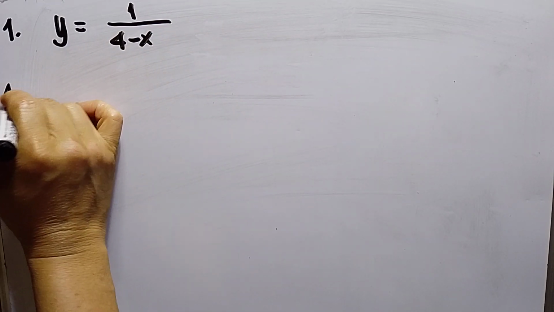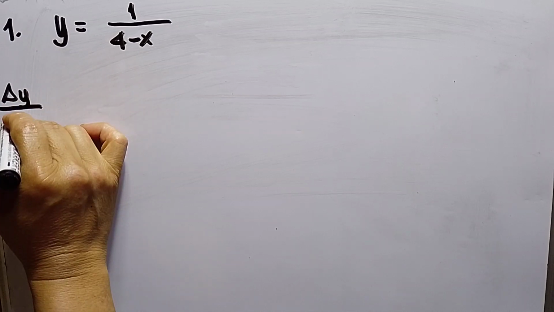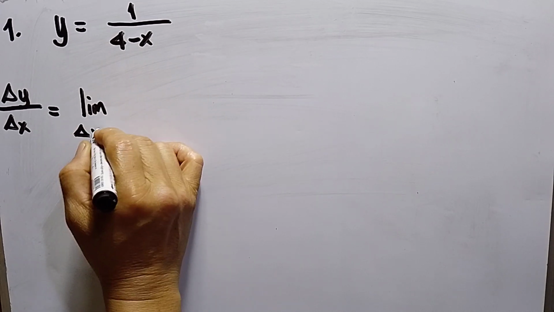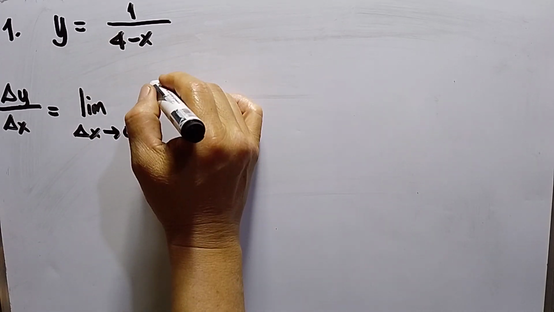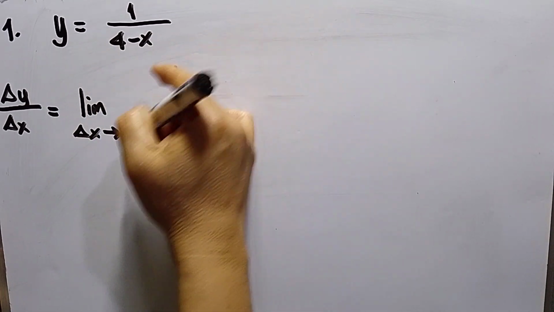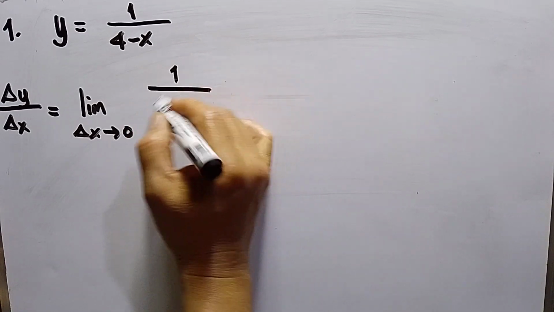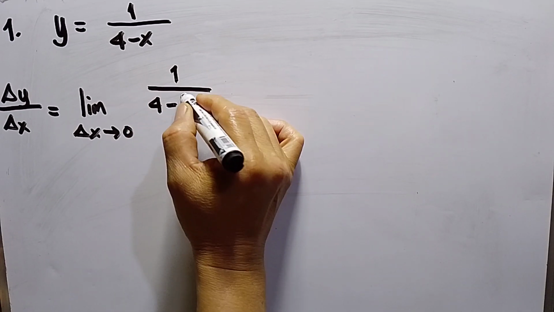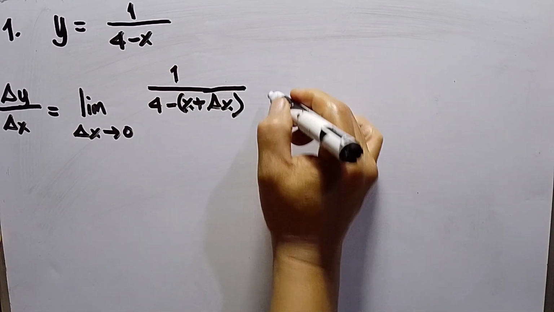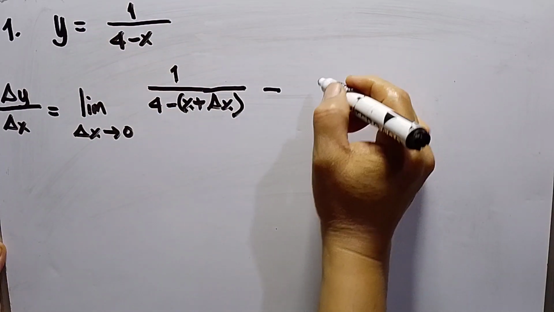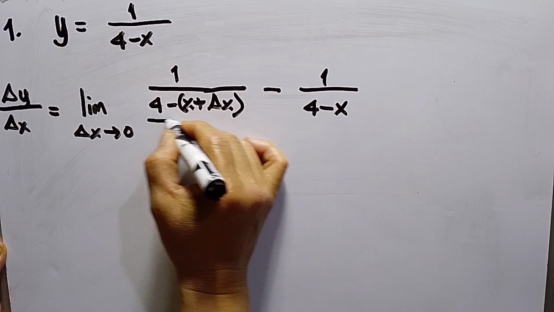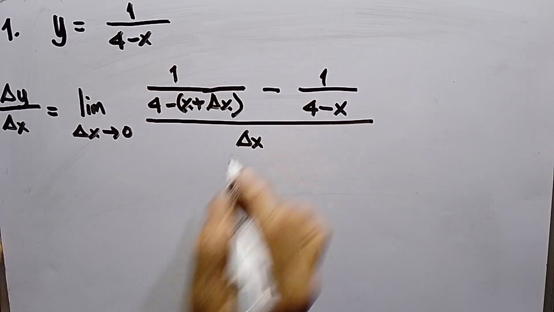So this will be dy, or delta y over delta x, is equal to the limit as delta x approaches 0. I need to substitute x with x plus delta x, so this will be 4 minus (x plus delta x), and then minus the given function 1 over 4 minus x, all over delta x.